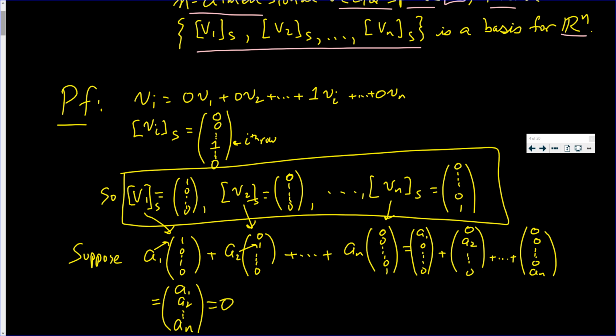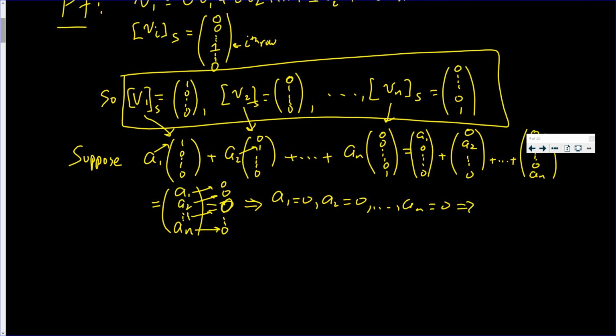But if this equals 0, that implies that a1 is 0 and a2 is 0, all the way down to an equals 0, because the zero vector is really the vector that has all zeros. Well, that implies that these vectors are linearly independent.